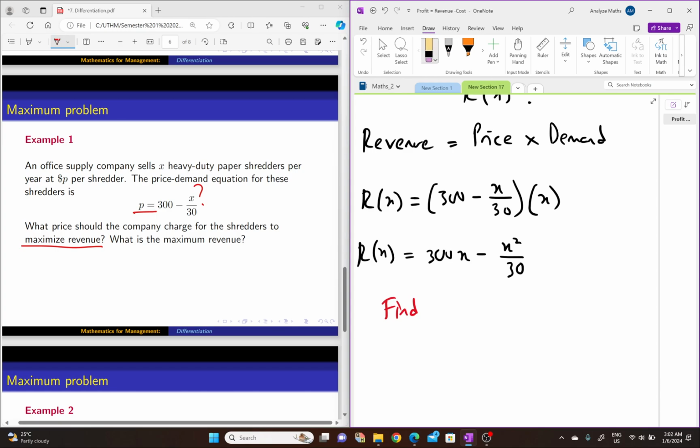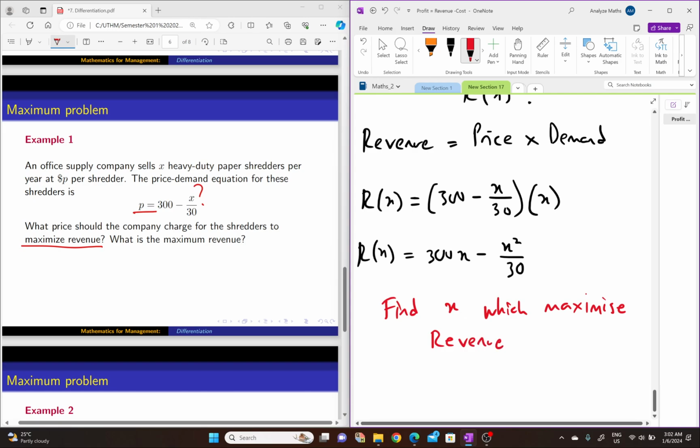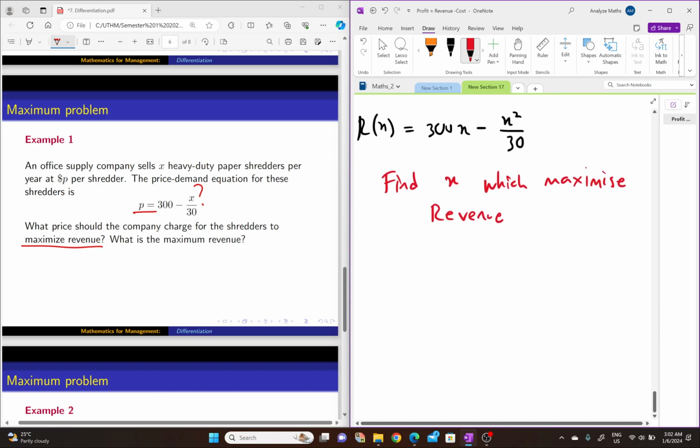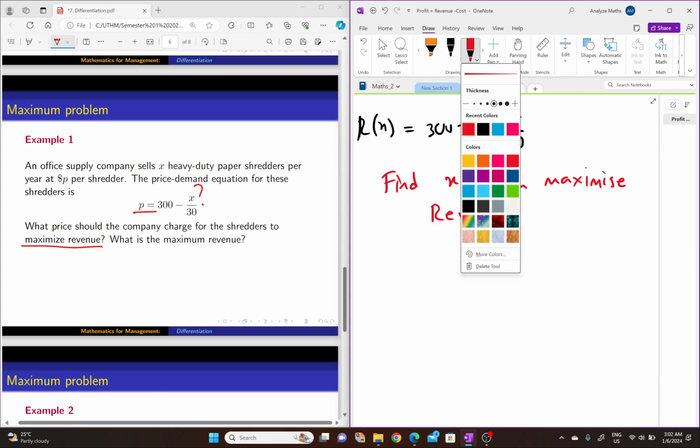Since we are based on the revenue function, find x which maximizes revenue. The first method is to differentiate.